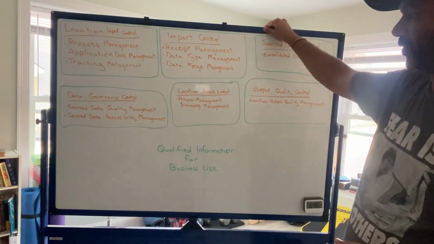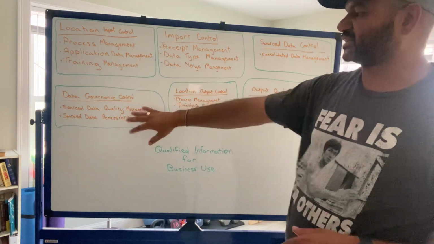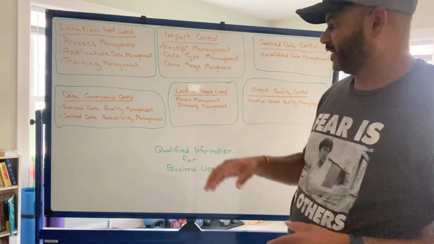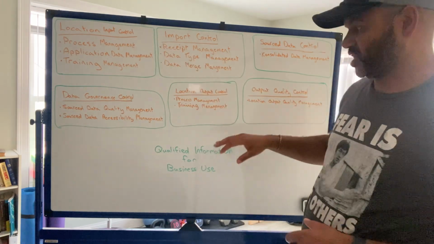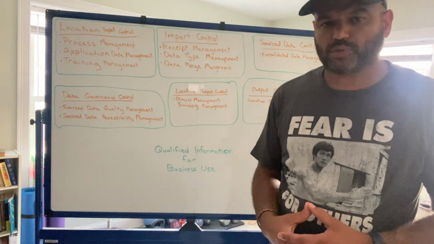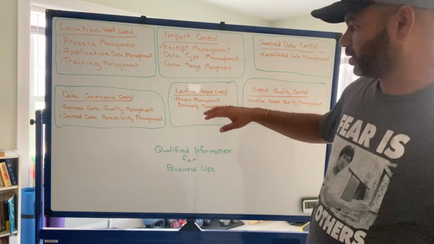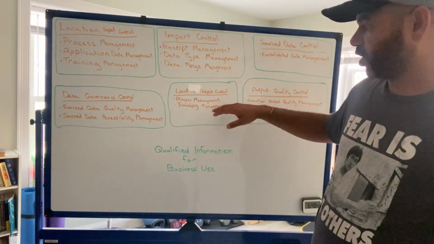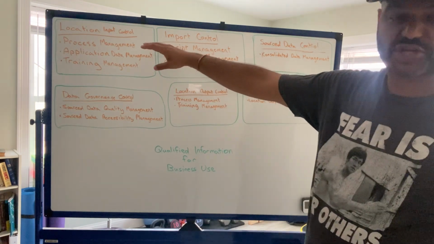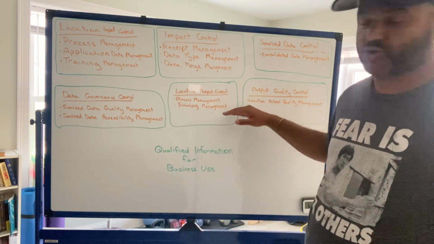And then you've got your location output control. Once this data governance control is done, that means everything's been sourced together and that's available to the different locations to do whatever reporting they need to do based on the business need. The location output control is similar to location input control: process management and training management.